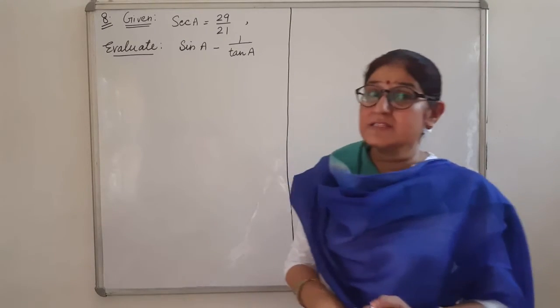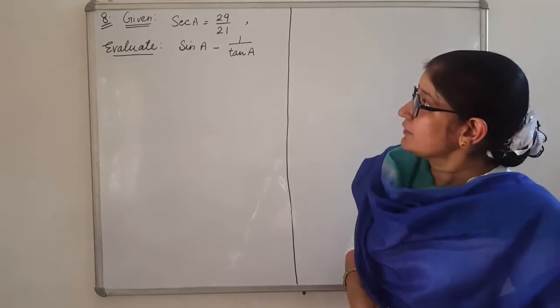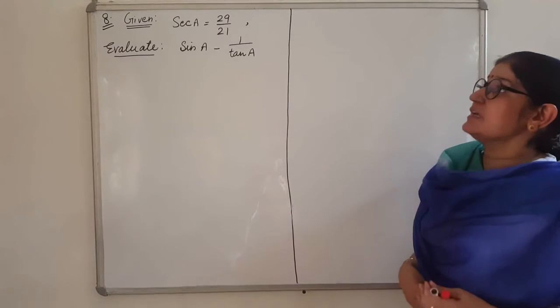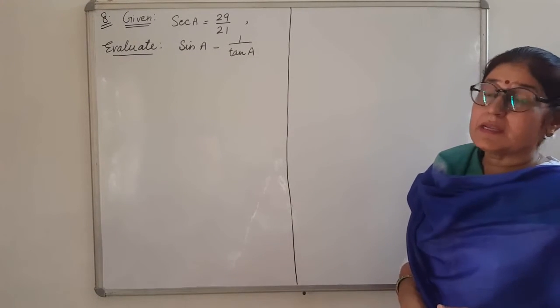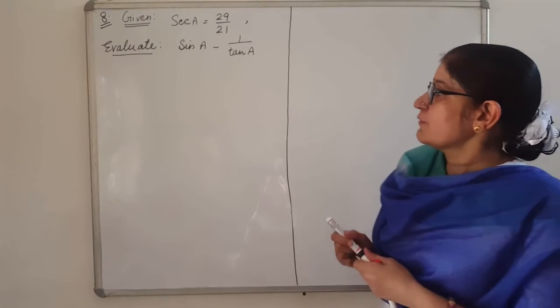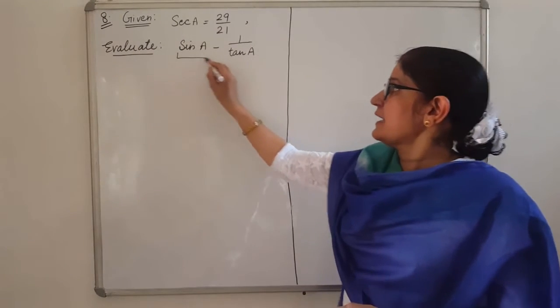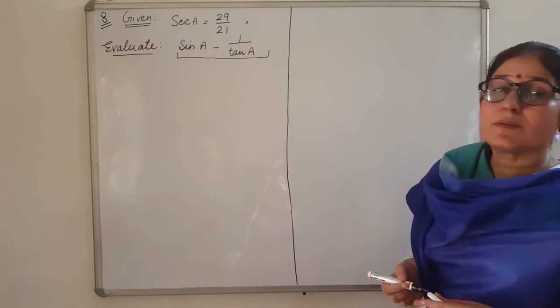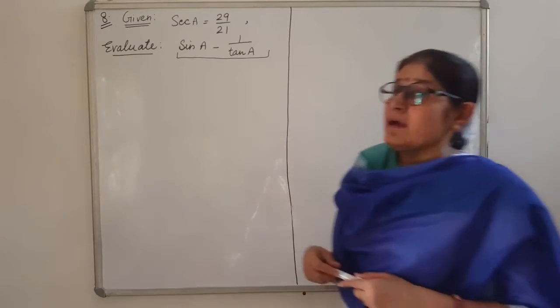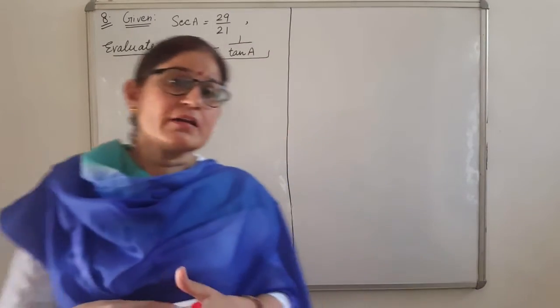Now we will do the next question, question number 8. In this question the value of secant A is given as 29 over 21, and you have to evaluate the value of sin A minus 1 upon tangent A. See, without a right angle triangle we can't calculate.